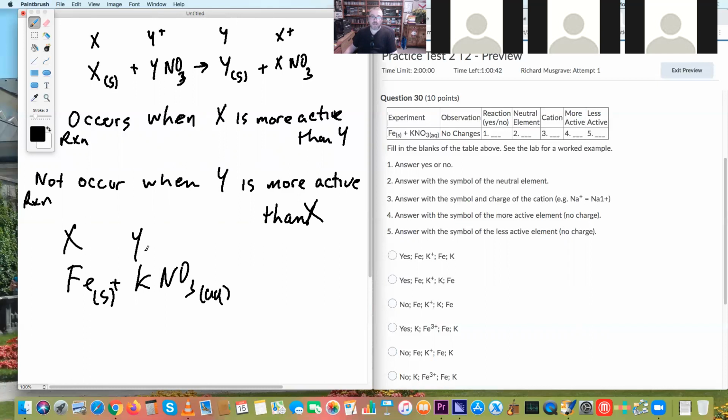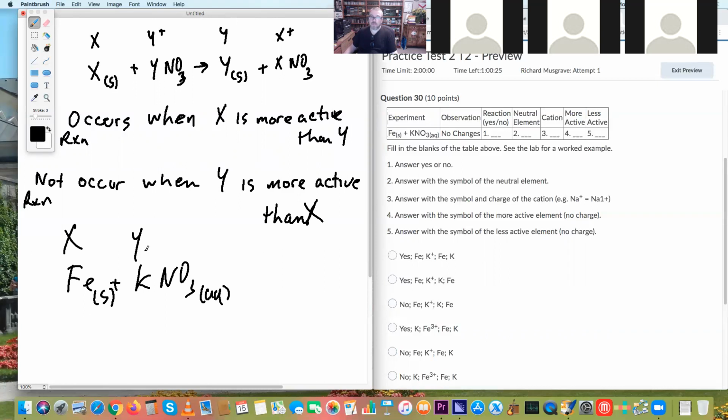There's no reaction, so which one's more active, the K or the Fe? It's going to be the K, because there's no reaction. That's what you need to know for this one.